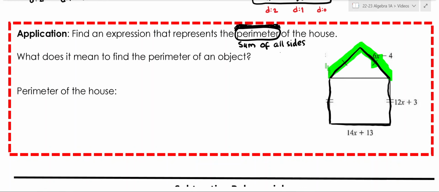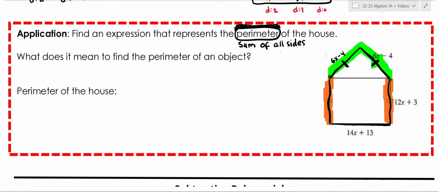Well, guess what? That means this one is also 6x minus 4. This hash mark tells you that they have the same measurement. All right, and then we know this one. And this one has 2 hash marks. So that means this one also has the same measurement.